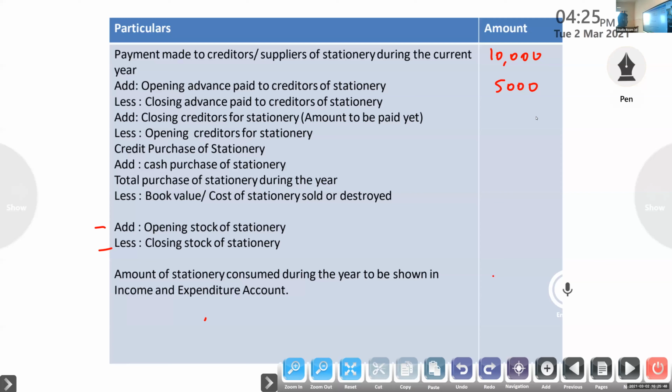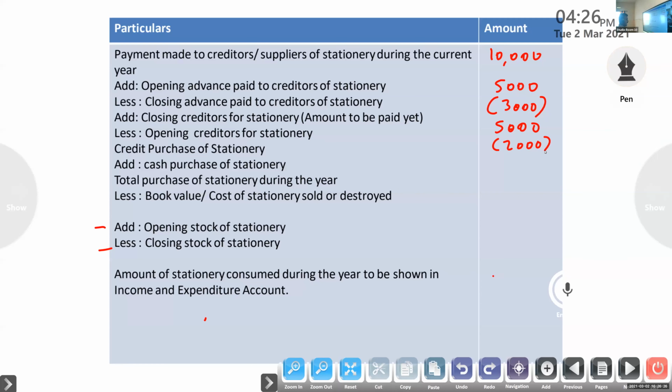Next, add closing creditors for stationery, meaning outstanding creditors. Closing means end. Closing creditors for stationery, that you have to add, then opening creditors for stationery, that you have to less. Then you will get credit purchase of stationery. So how to calculate credit purchase of stationery?